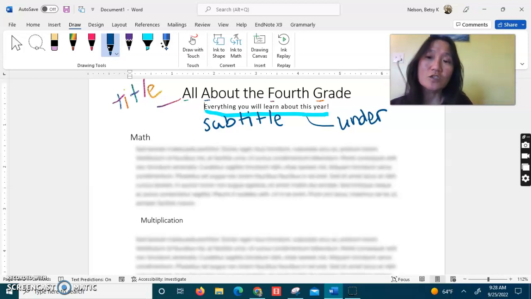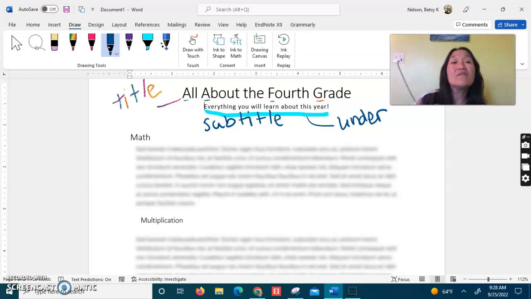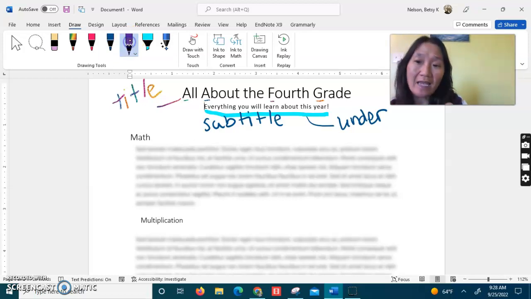So it just gives you a tiny bit more information about your topic. Okay, so now you have your headings and your subheadings. So it goes big, title. Then you take it down a notch, subtitle. Then you start breaking it down even more. You become more specific as the document goes on. So we then have our heading.